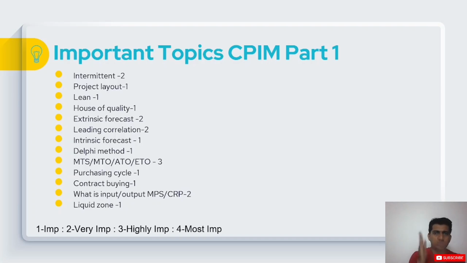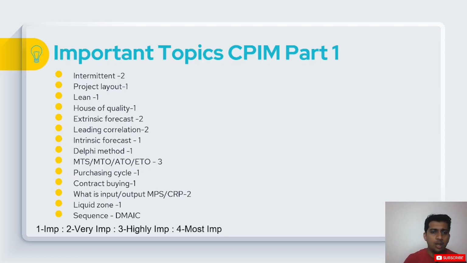So liquid zone is the different zones in your scheduling: slushy, liquid, freezed zone. If you are not aware of these topics right now, it's okay. When you go through the topic, keep a mark of this topic, or once you have gone through the topic, highlight this topic and make sure before the exam you are going through them.